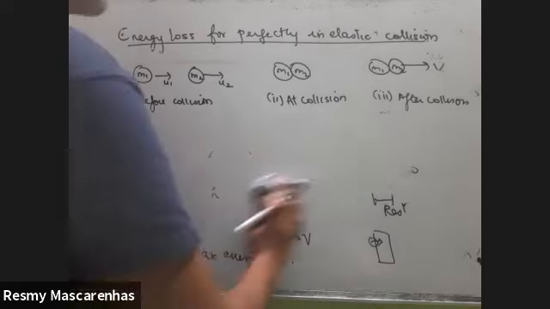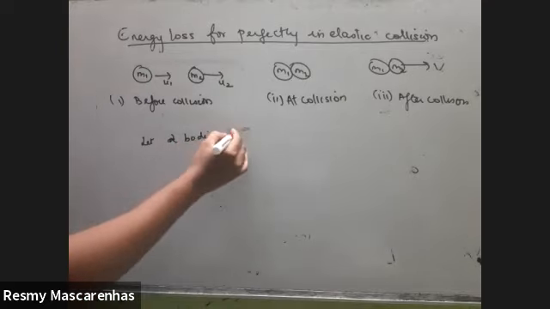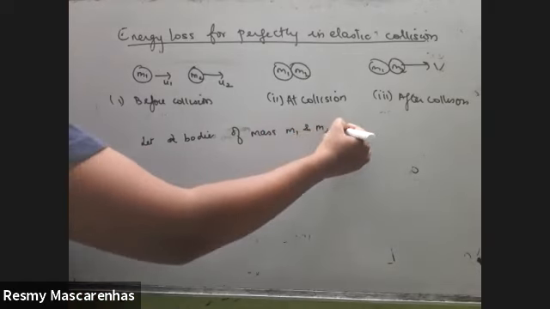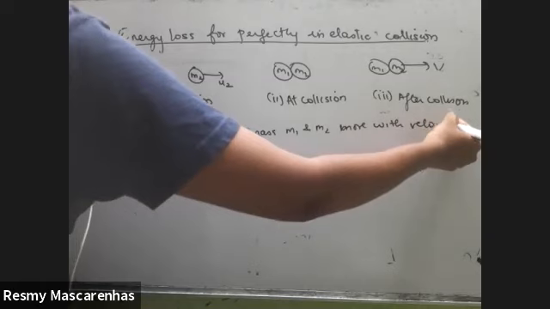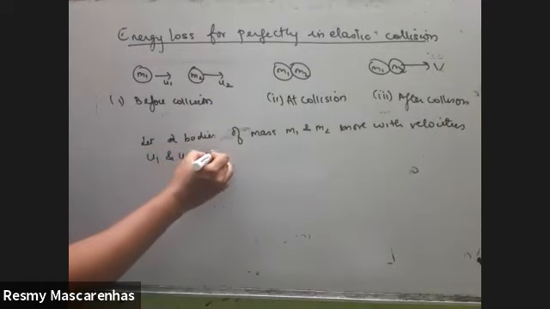Let two bodies of mass m1 and m2 move with velocities u1 and u2 respectively.